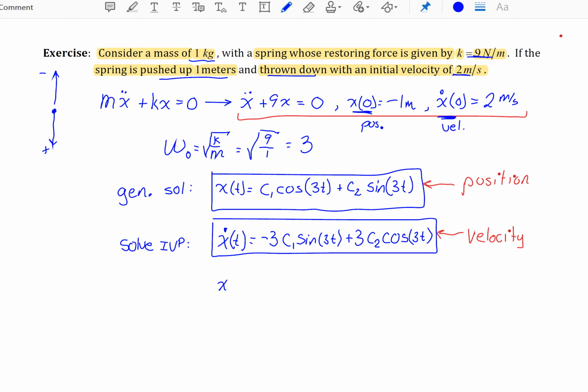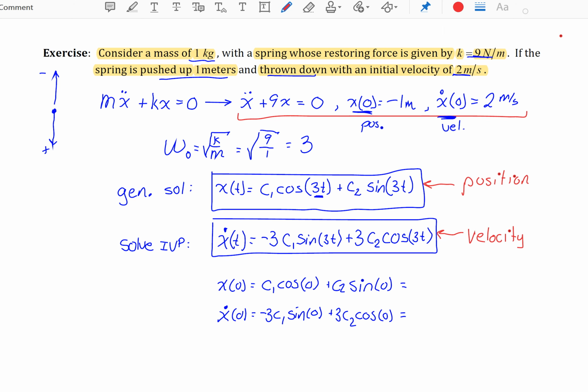So now here we'll have x of 0 is going to be c1 cosine, when you evaluate at 0, you have 3 times 0 is 0, plus c2 sine of 0. And our velocity function at time 0 will be negative 3c1 sine of 0 plus 3c2 cosine of 0.